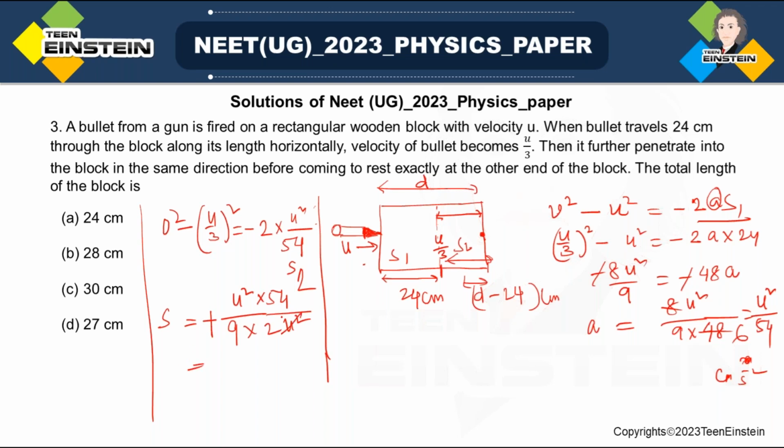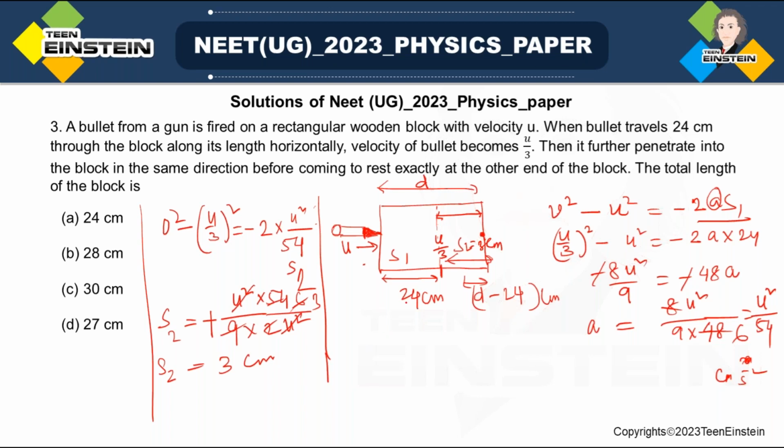Now this goes off, and this will be 6, and this will make it 3. So S2 is found to be 3 centimeters. This distance is 3 centimeters.